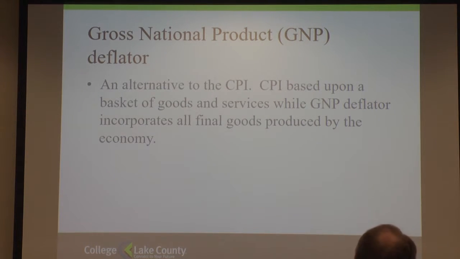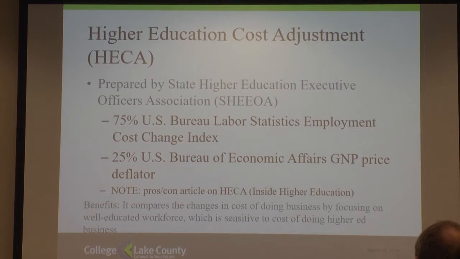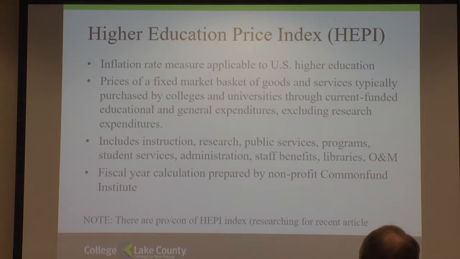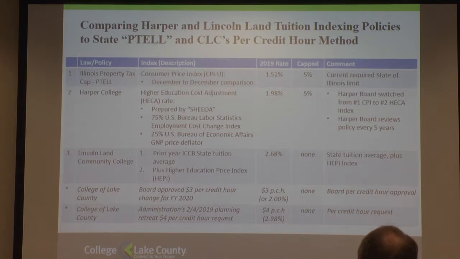One of the components of an index used by Harper College is the gross national product deflator and the higher education cost adjustment, which is a component of the GNP deflator and the U.S. Bureau of Labor Statistics Employment Cost Change Index. So those are two. And then the third is the Higher Education Price Index, which is used by Lincoln Land Community College. Here's just some basic overview of what's in that particular index. And then finally, I've summarized it all for you on this grid right here.